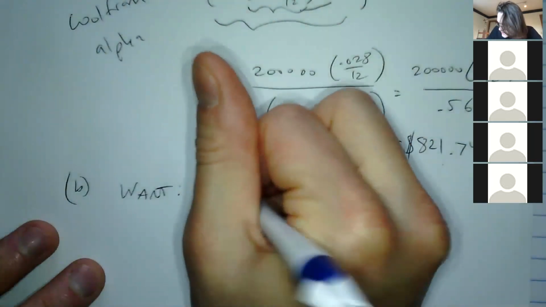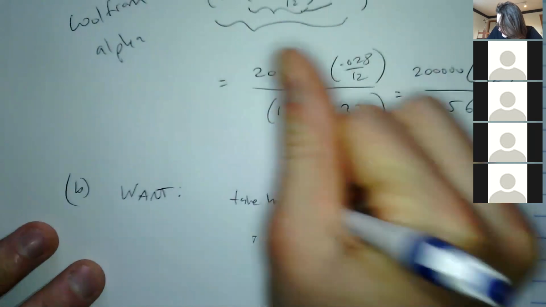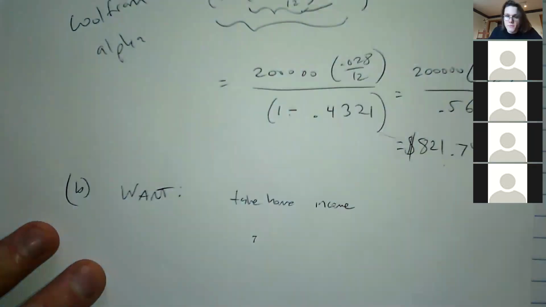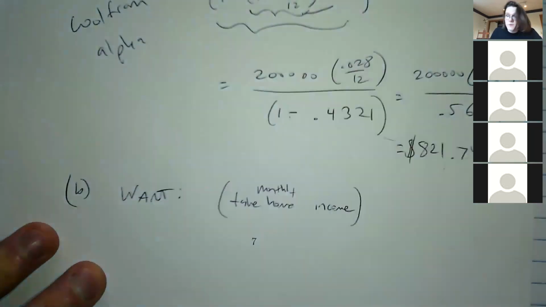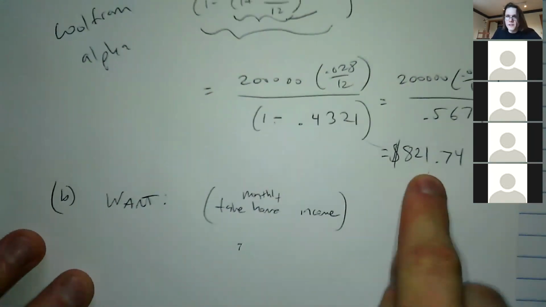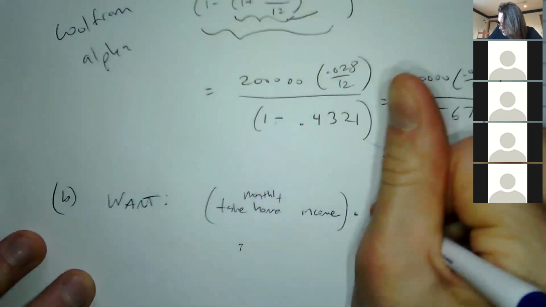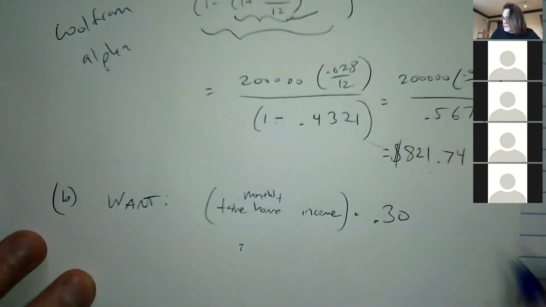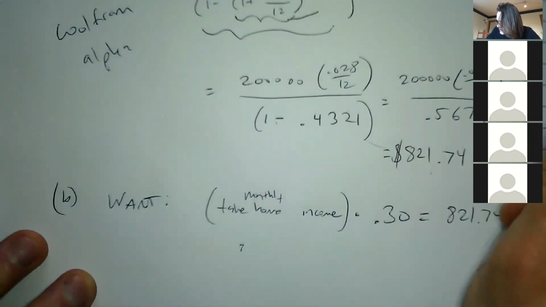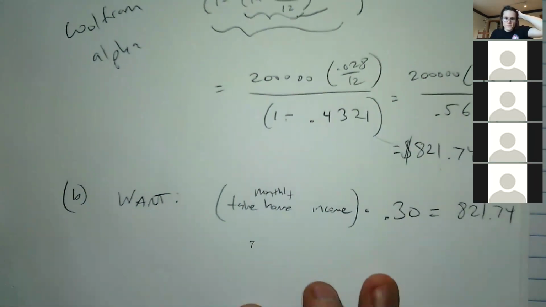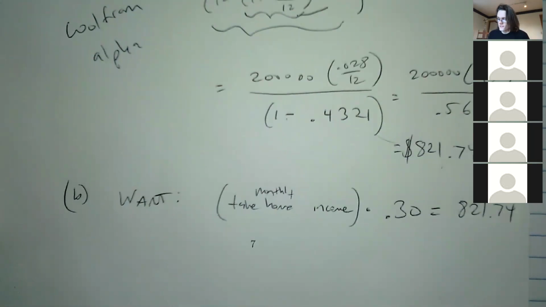So what I'll do is I'll do take-home income, and say monthly, right? And I want 30% of it to be at most that number. So I'll do times 0.30 or 0.3. And I want it to be equal to 821.74. Right, and that's the most it can be. I'm taking that whole 30% and saying it's all going to my mortgage.